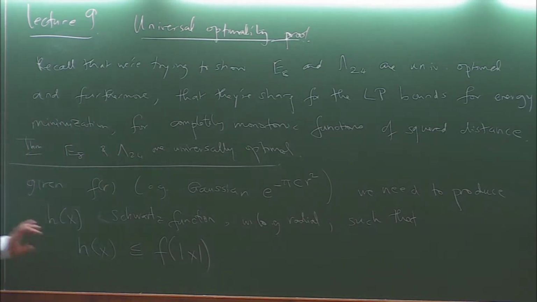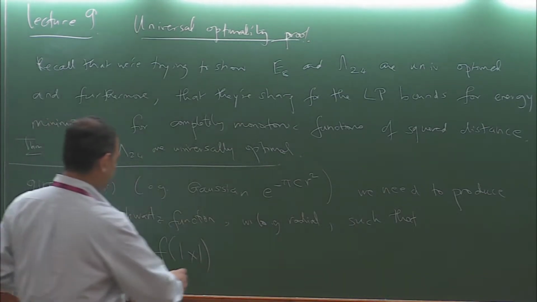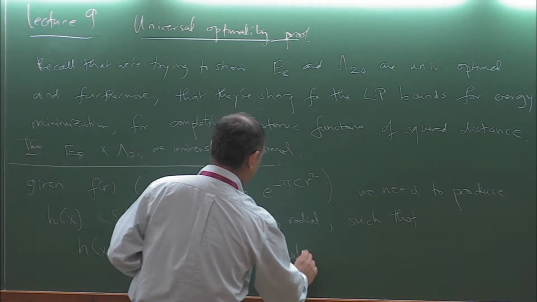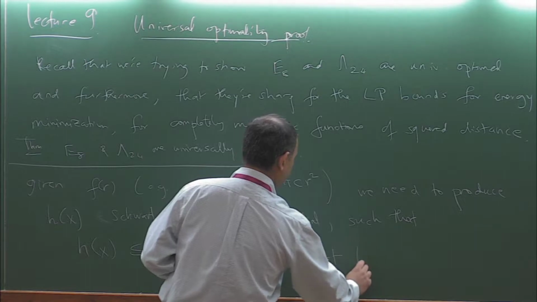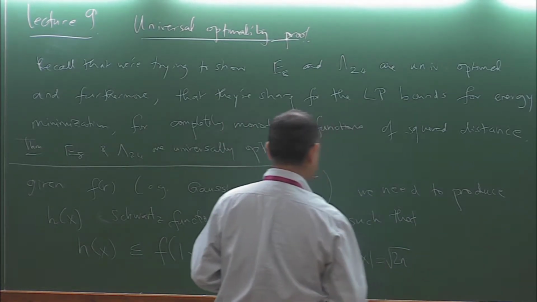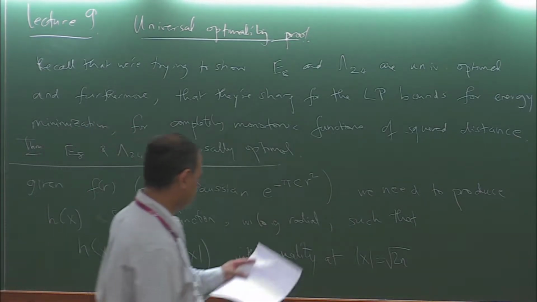So h is going to lie below f, and to have a sharp bound, you need equality at all the vector lengths that you see in either the E8 lattice or the Leech lattice.